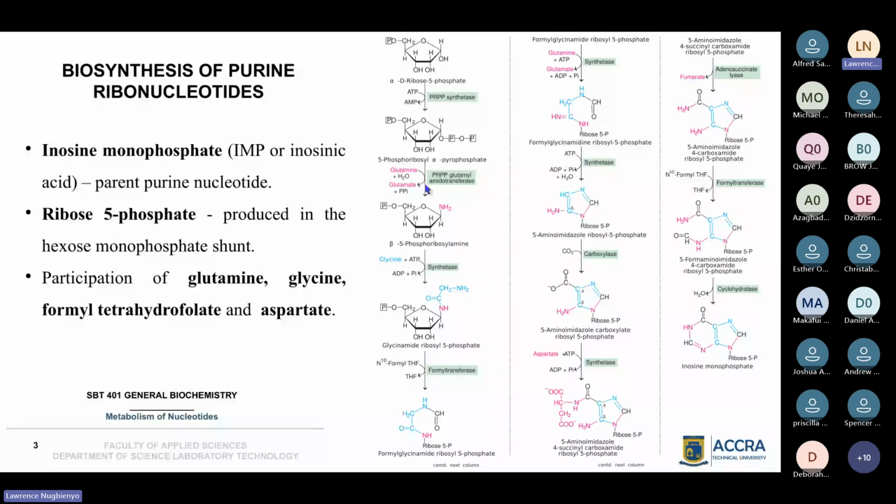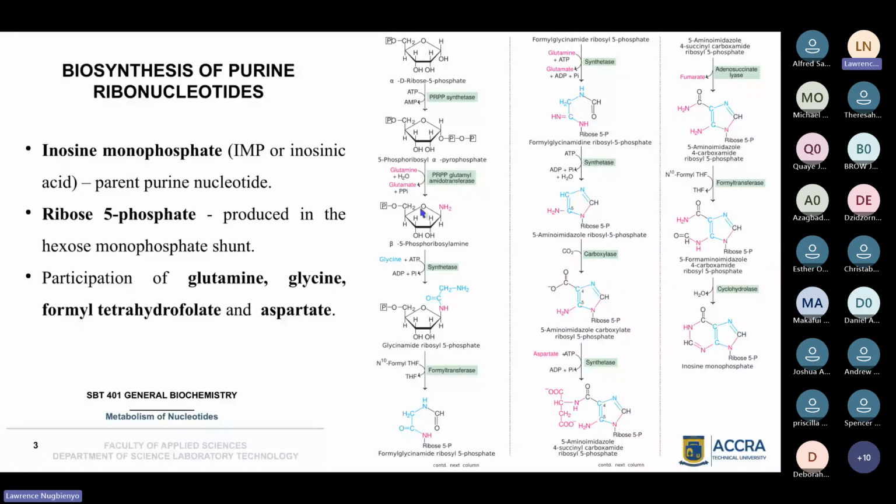So you can look at it as, first of all, there is hydrolysis of the 2 phosphate groups from carbon 1, and then the amine group comes to replace the 2 phosphate groups. So you have a phosphoribosylamine. So in place of these 2 phosphate groups on carbon number 1, we now have an amine group.